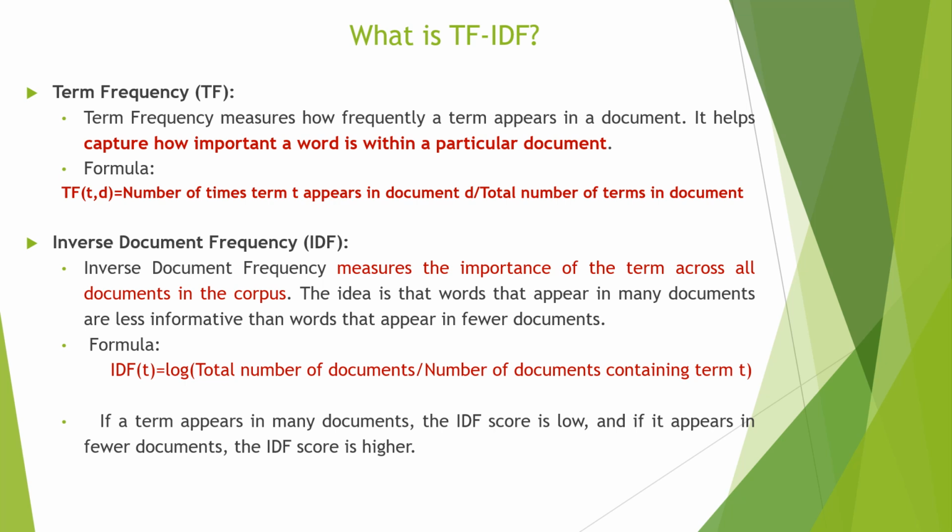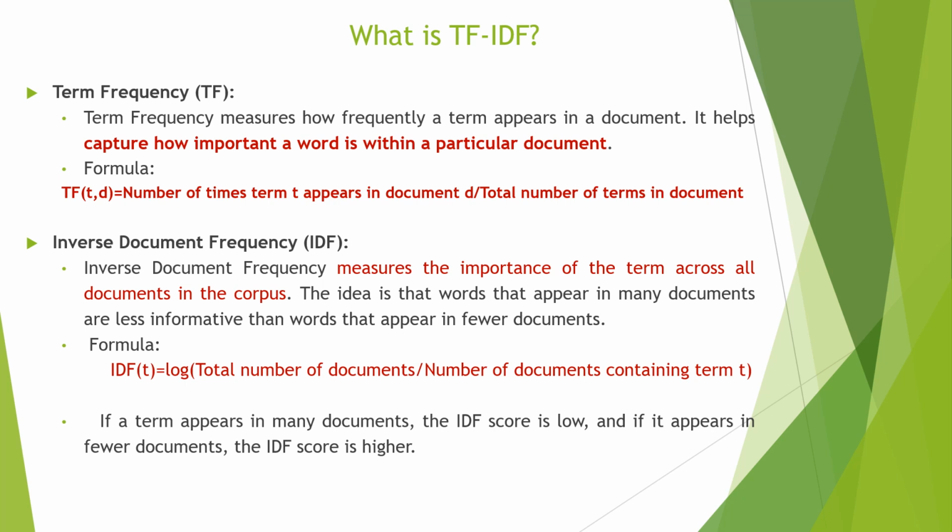Whereas TF-IDF captures interesting information, analyzing the importance of a word within a document, and it also considers measuring the importance of the term across all documents in the corpus. So here we combine these two, term frequency and inverse document frequency.